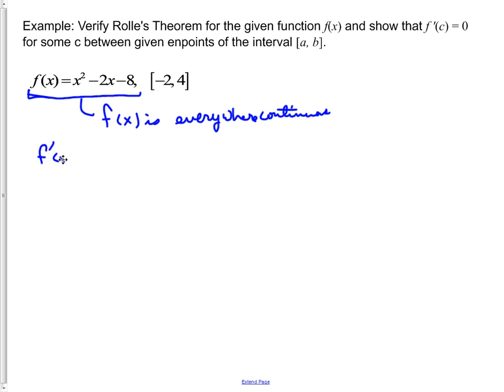So the next question is, is it differentiable? So we look at its derivative. F prime of x, in this case, would be 2x minus 2. And on the interval from -2 to 4, there are no points where f prime becomes undefined. So we can say that f is differentiable as well on the interval.